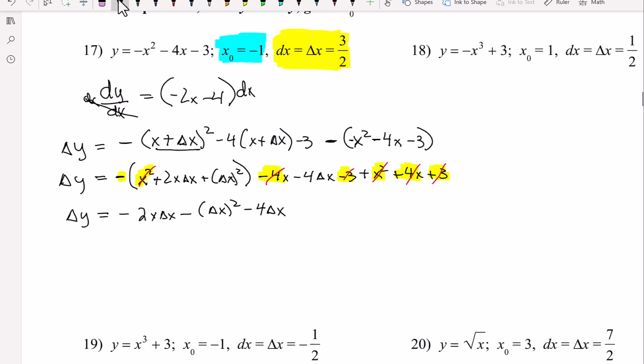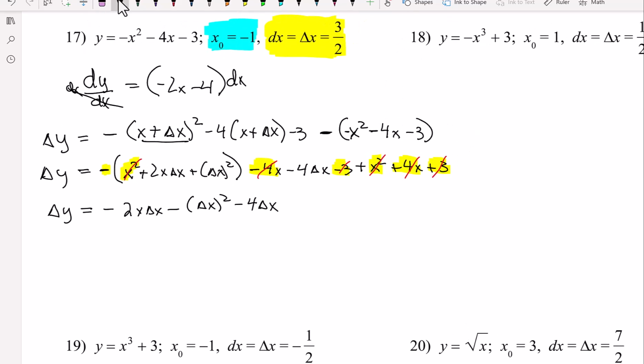Okay, now we take the values for x and delta x and plug it in to get the numerical value for y. So negative 2 times our x-naught is negative 1. Our delta x is 3/2. Subtract 3/2 squared minus 4 times 3/2.